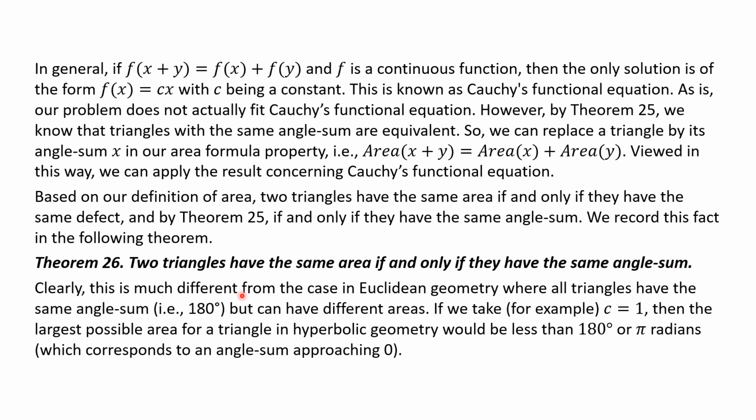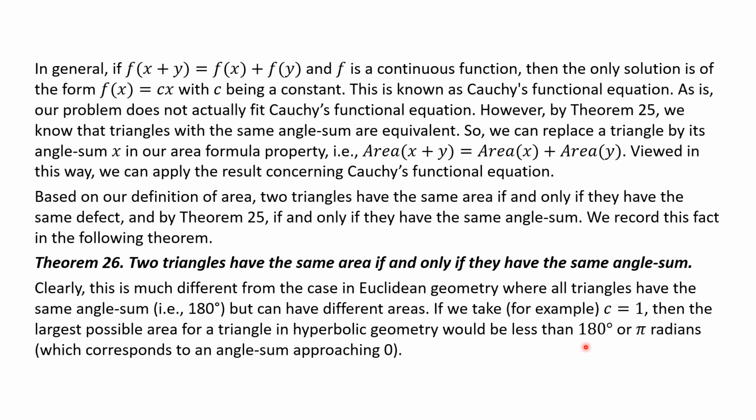Clearly this is different from Euclidean geometry, where all triangles have the same angle sum, 180 degrees, but we know that they have different areas. If we take, for example, c equals 1, that's our constant, then the largest possible area for a triangle in hyperbolic geometry would be less than 180 degrees, because we're assigning it to the angle sum here, or pi radians.